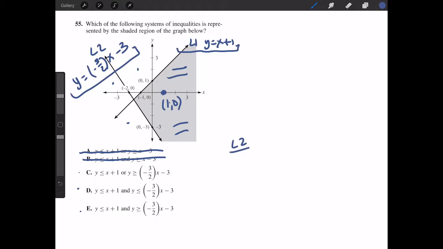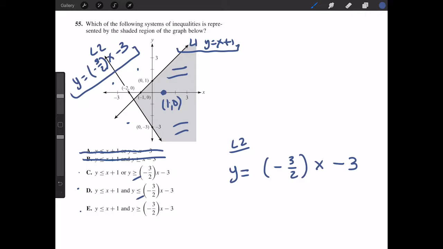Line 2, as you already know, has the equation y equals (-3/2)x - 3. You'll notice that the relationship symbol being used here is the equal symbol. However, all of the choices have a greater than or less than and equal symbol. So what's going on?